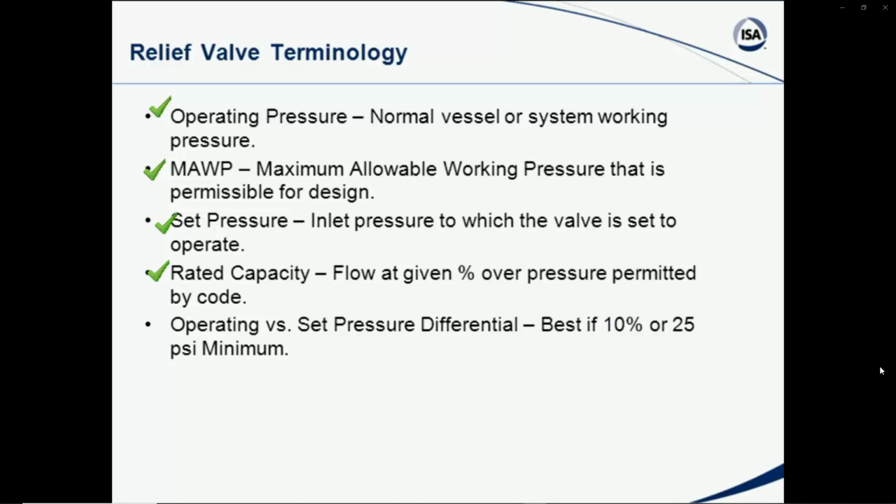Also, I'd like to note that between the operating pressure and the set pressure, you need to have a differential. If it's not at least 10% or 25 psi minimum, the set pressure and the operating pressure will be so close to each other that the valve may tend to chatter. It may tend to percolate, or sit there and bounce back and forth.